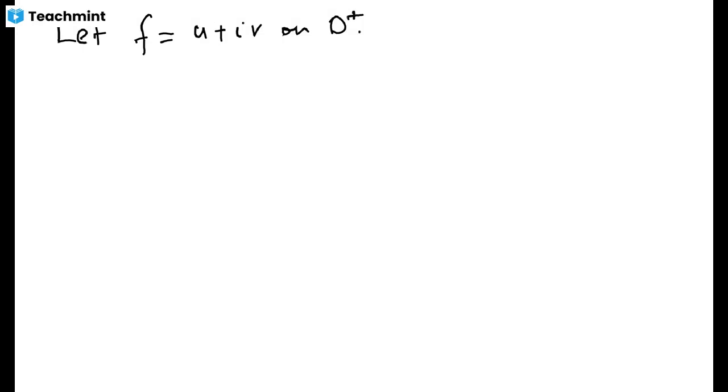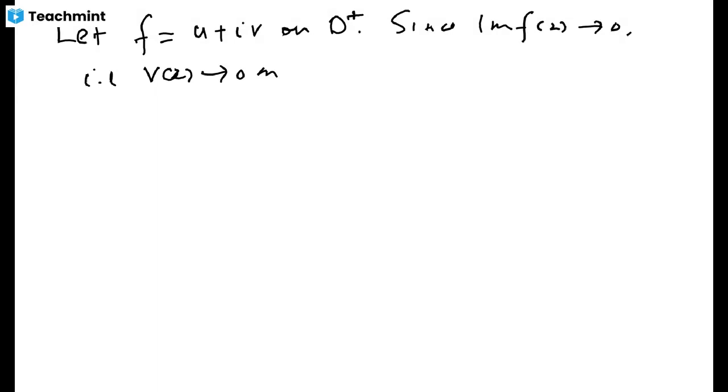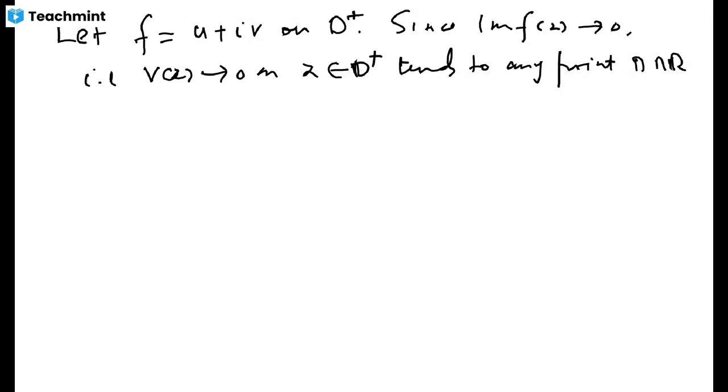And by the way, it is given to us that the imaginary part of f(z) tends to 0. So that is to say that v(z) tends to 0 as z from this part of the domain D plus tends to any point in the real segment in D.